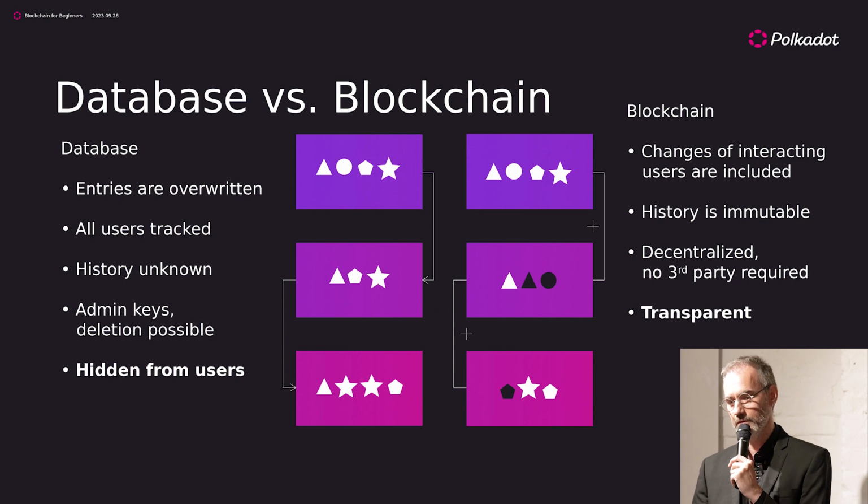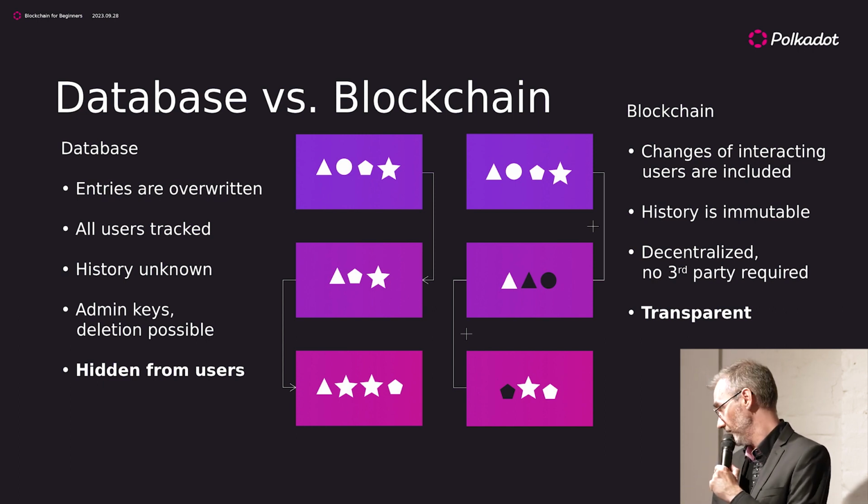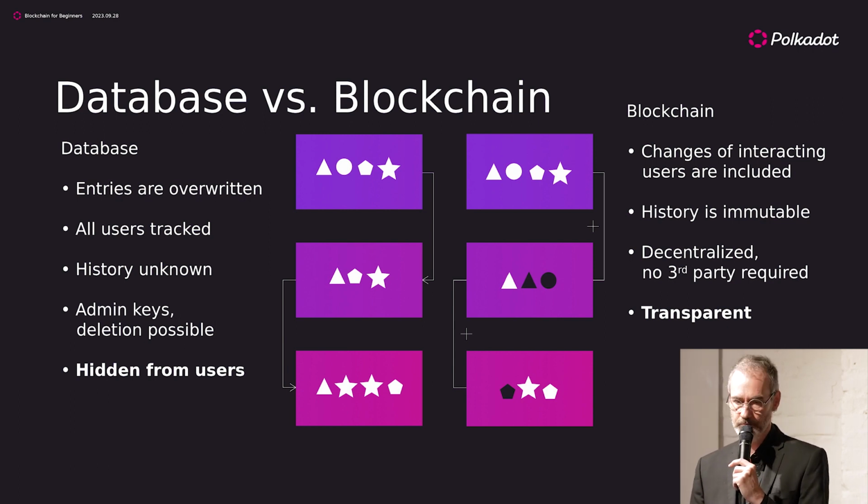That's the main point. When we go through these blocks from top to bottom, we see on the left side always everything that is in the box. On the right side we see only the change: black markings mean removed and white markings mean added. So a blockchain is differences, and a database is basically all the data all the time.